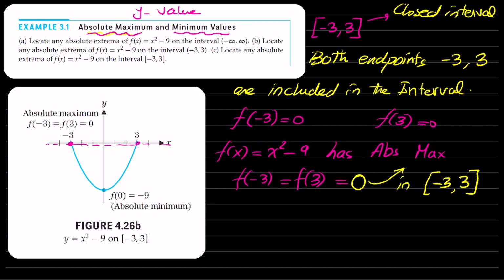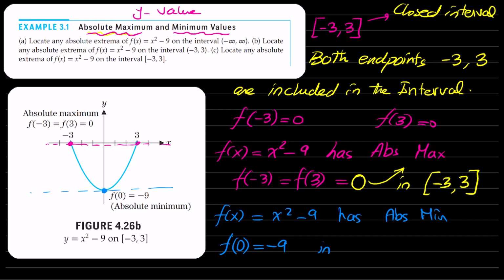Now the lowest point: f of x has an absolute minimum at f of 0, which is -9, in the interval -3 to 3.